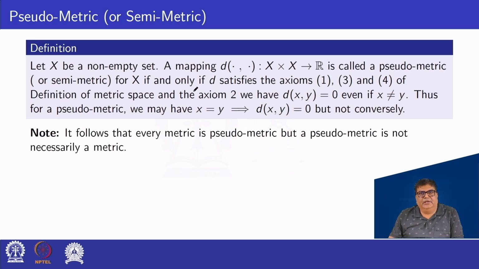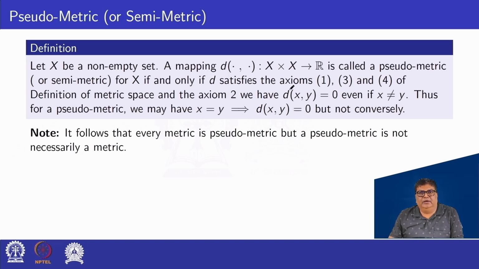For X, if and only if d satisfies the axioms first, third and fourth of the definition of metric as stated above, and then for axiom 2 we have dxy is equal to 0 even if x is not equal to y.